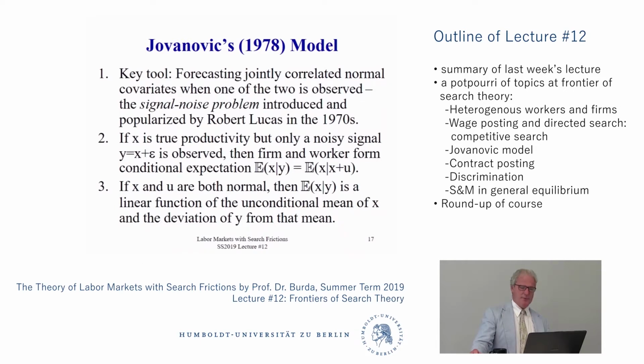Lucas made this very popular in the 1970s when thinking about inflation. How do workers forecast the rate of inflation? How do firms forecast inflation? Well, they observe some information and try to make inference on the true policy intentions of the central bank by looking at the inflation rate.